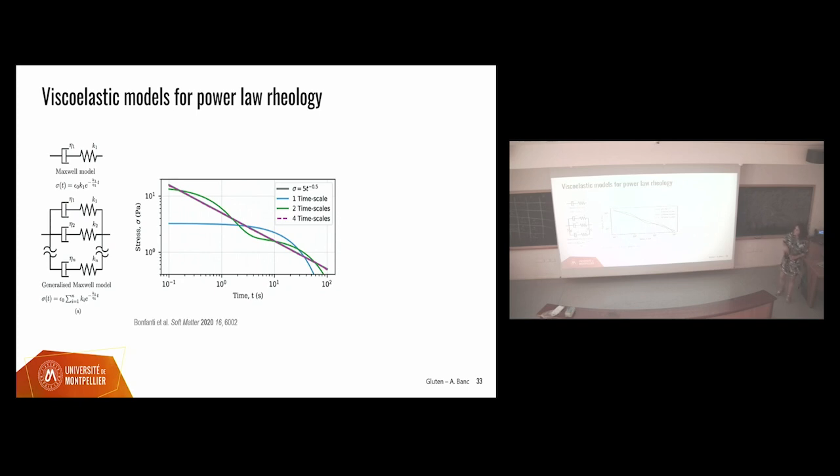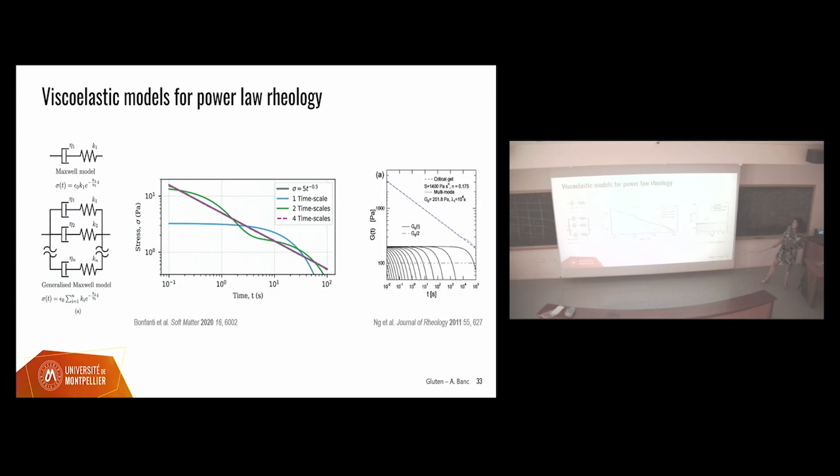Another way to model the data is to use elementary components: spring, dashpot, make Maxwell. If you have a Maxwell model, you expect an exponential decay of the stress as a function of time. And if you want to model a power law decay, you need several exponential decays, and you have to use a generalized Maxwell model for which you expect a sum of exponential decays.